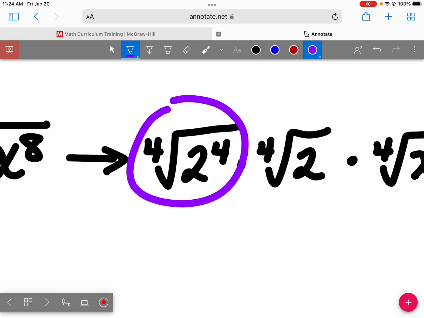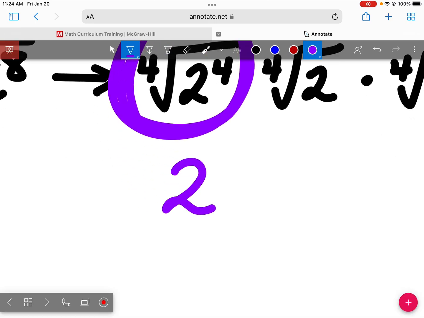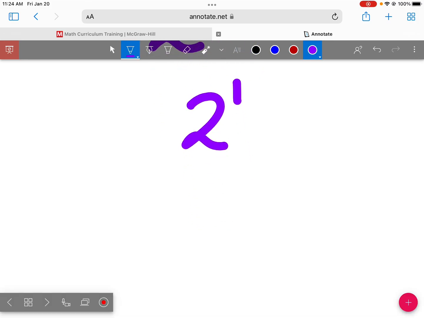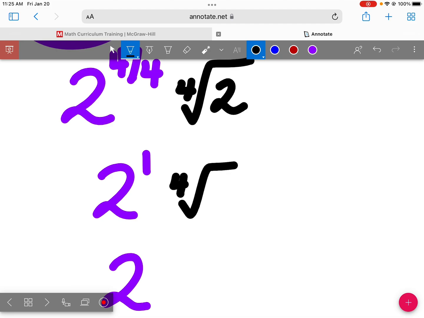How can I simplify this piece right here? Divide. 2 to the 4 divided by 4 would give me what? 2 to the first power, which is just going to be 2. I can't do anything with this 4th root of 2 because I can't break down 2 any more than it already is.